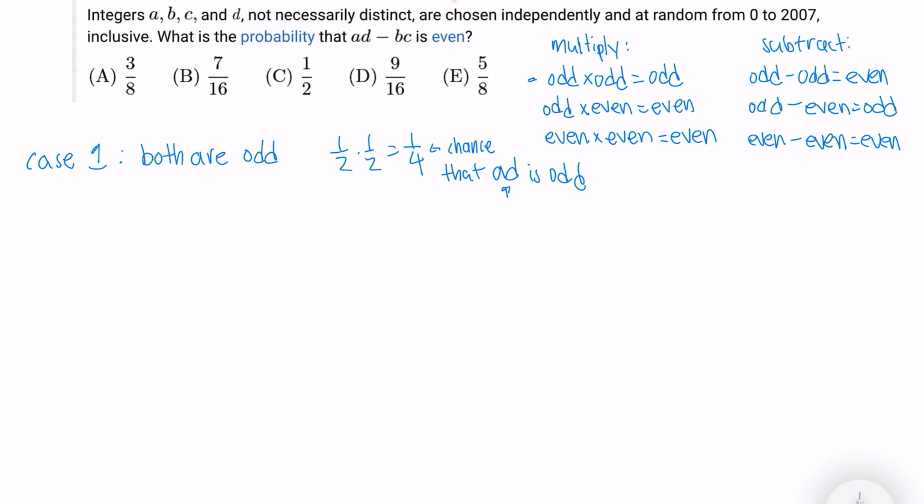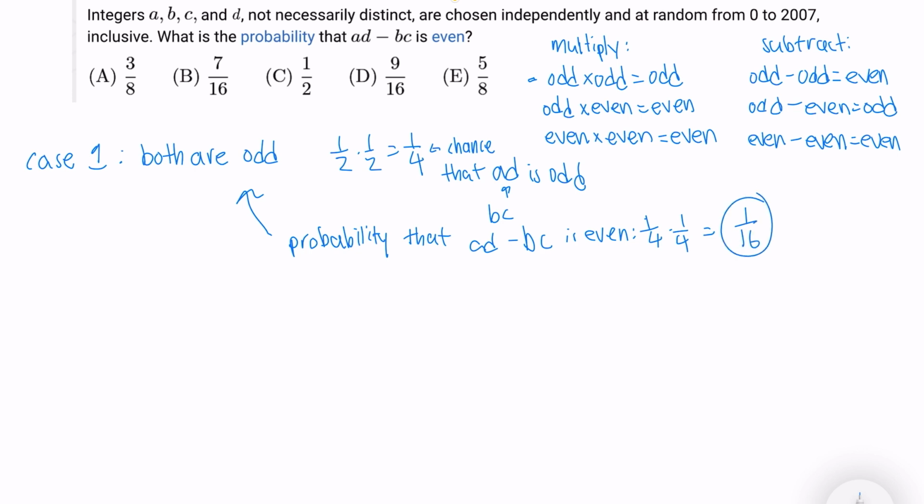So the probability that AD minus BC is even in this case would be 1/4 times 1/4. That is when both AD and BC are odd, and this gives us 1/16.